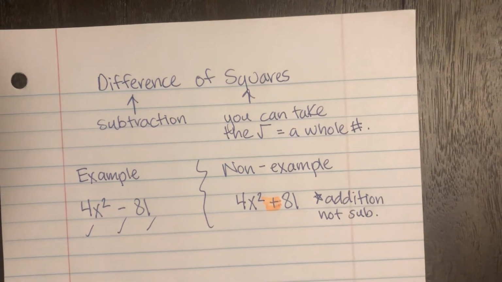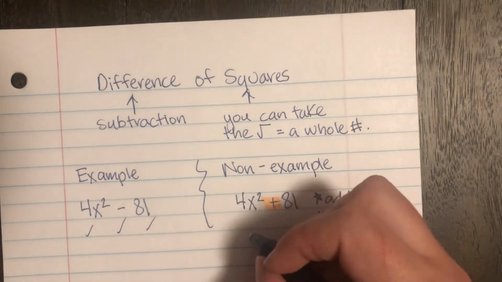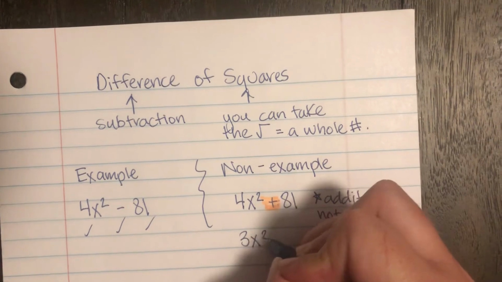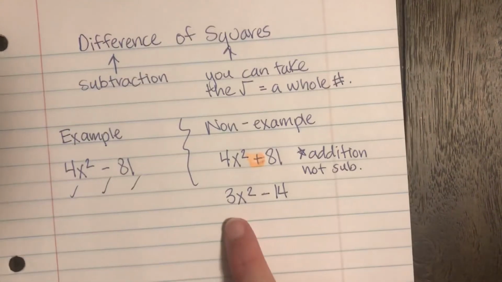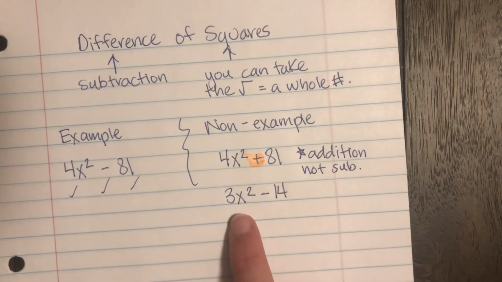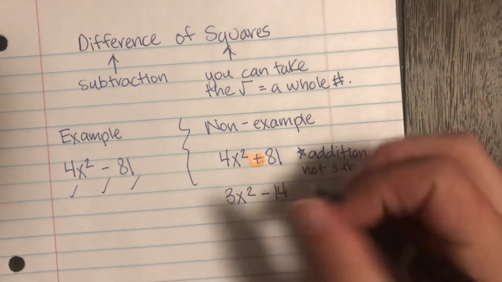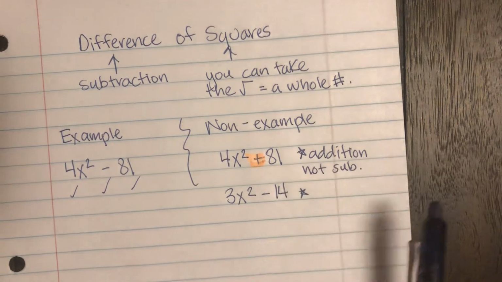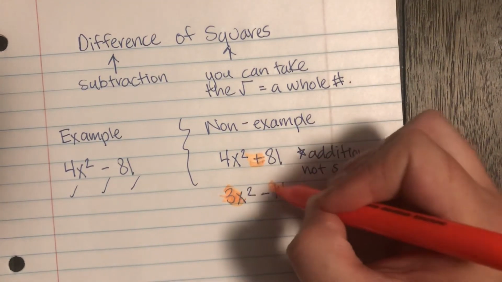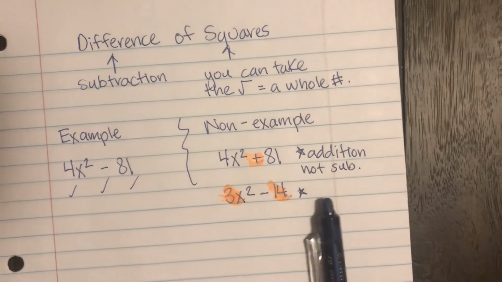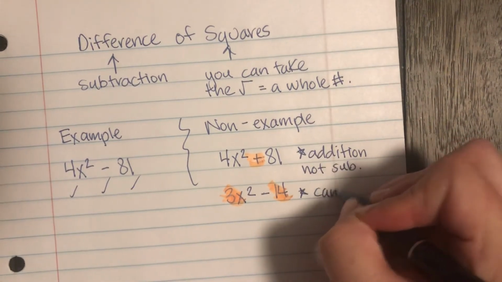So if it's got an addition instead of subtraction, you cannot count that as a difference of squares problem. Another one would be something like 3x squared minus 14. It has the minus and it has the two terms, but I can't take the square root of 3 and I can't take the square root of 14. So again, I'm going to highlight the things that don't make it a difference of squares. Can't take the square root.